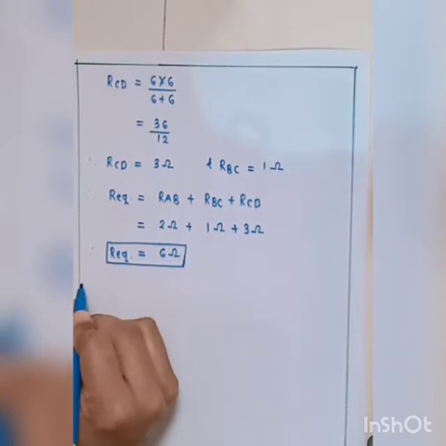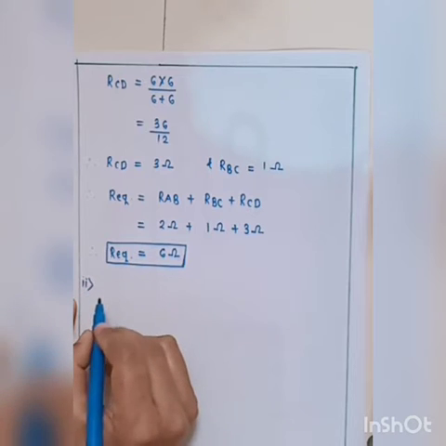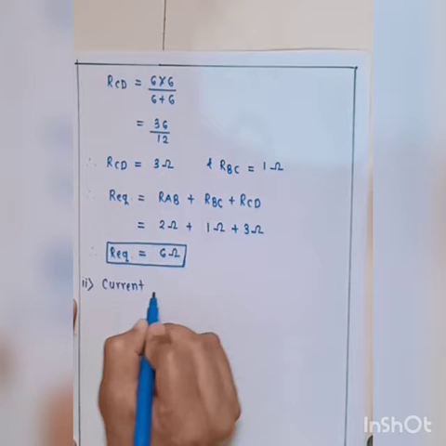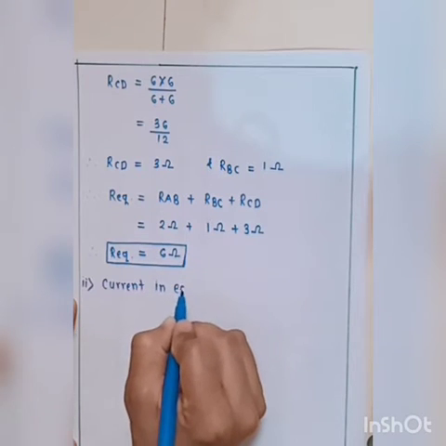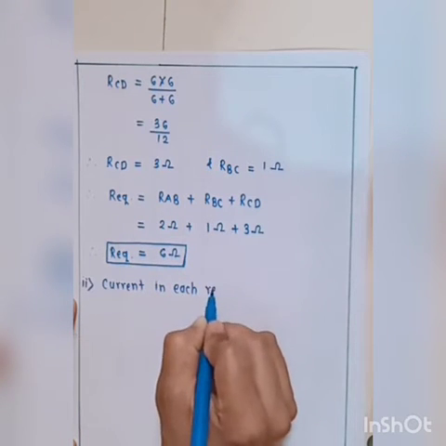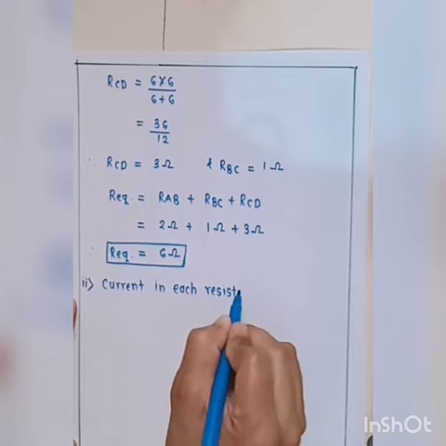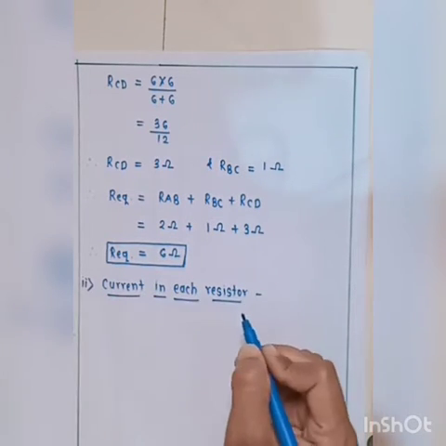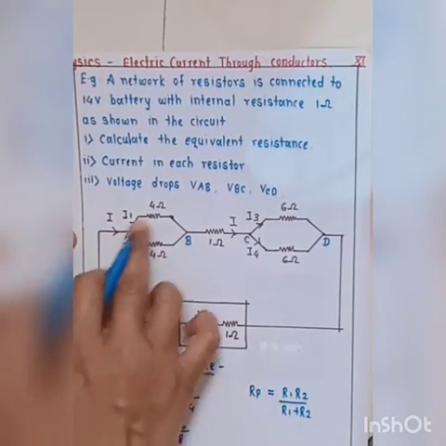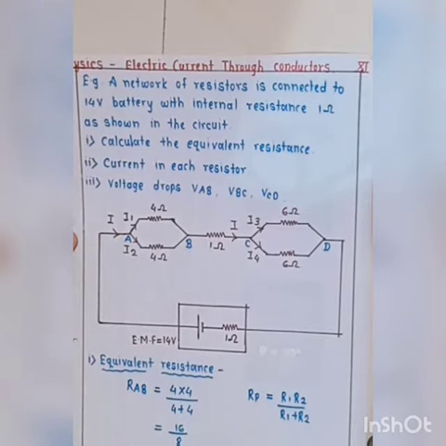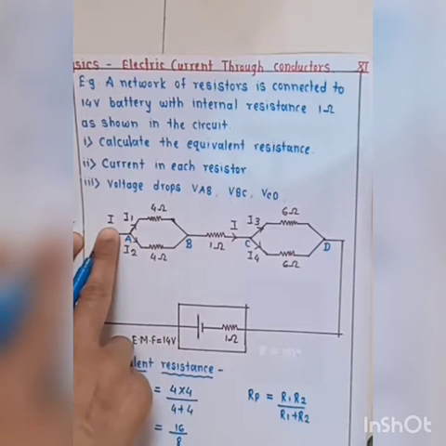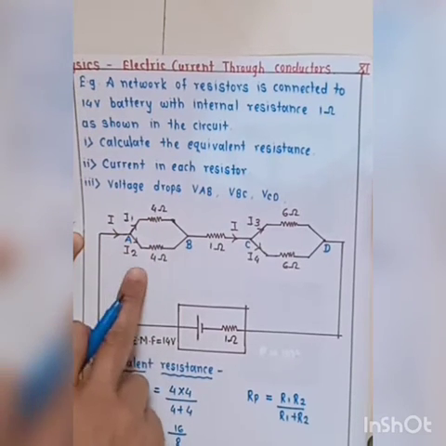Now the second point is the current in each resistor. I is the current flowing through this circuit, but here for the first network this current I is divided into two parts, that is I1 and I2.